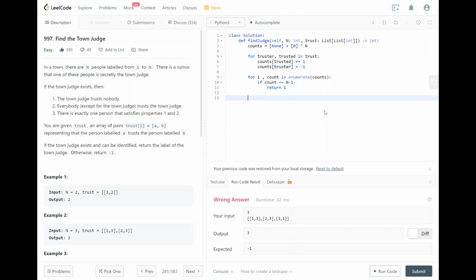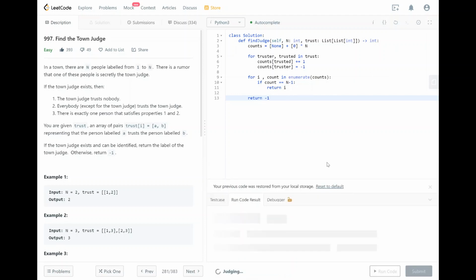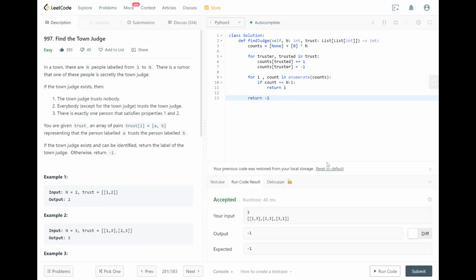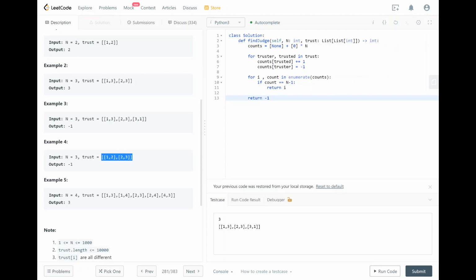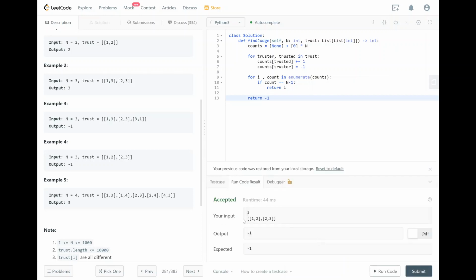And if we don't return anything for the index, we just return -1 down here. Great, now let's try it. Success. We also get success for example number 4, as well as example number 5.